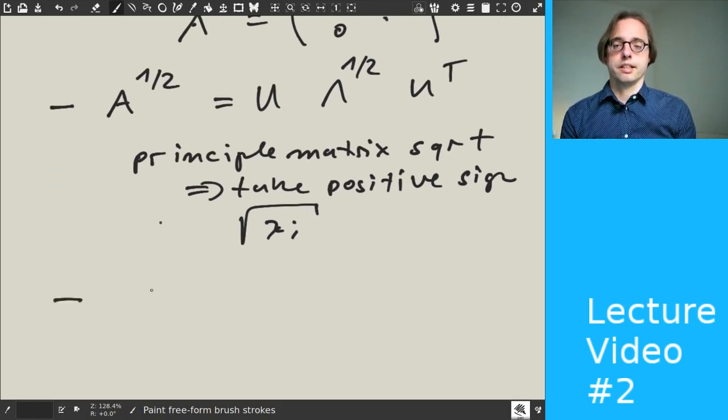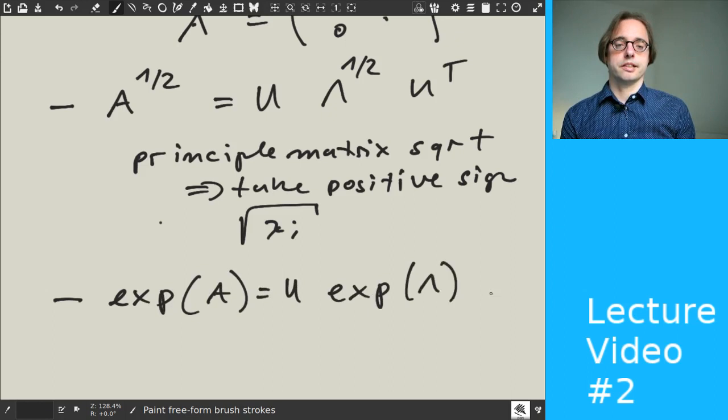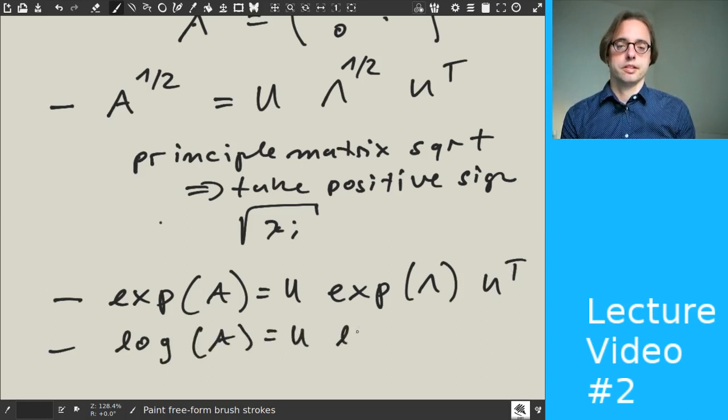Another commonly used operation on matrices is the matrix exponential. And this is defined exactly the same way. We just take the exponential of the eigenvalues, and the same with the log. So the matrix logarithm is just U log of Lambda times U transpose.